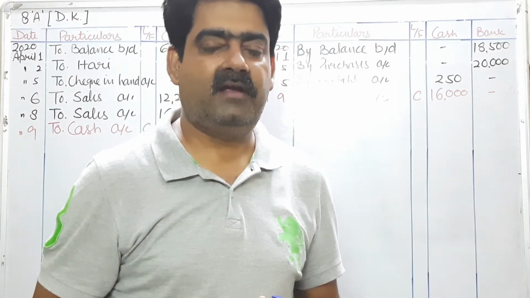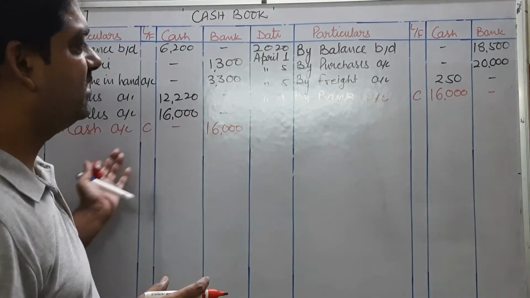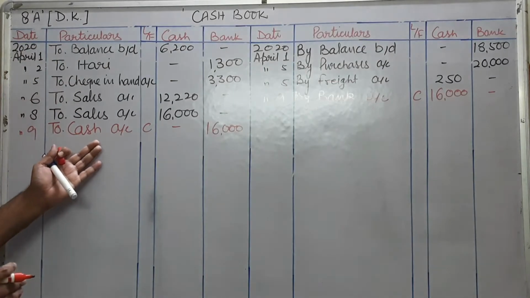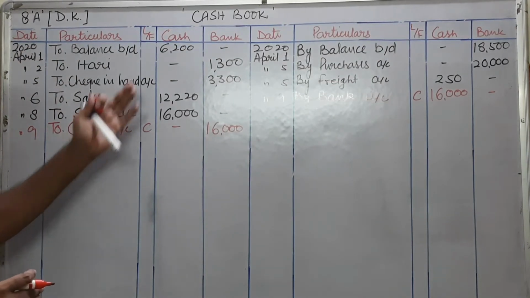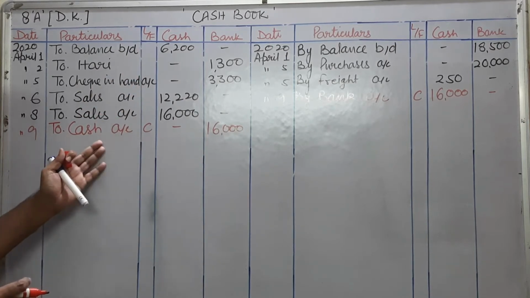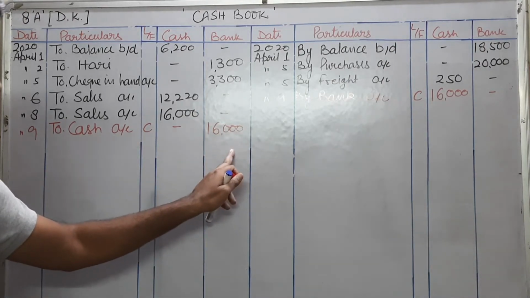Always remember one thing, the treatment of a contra entry will come in both sides, debit side as well as credit side. But when we write the treatment in the debit side, suppose I am writing to cash account, so in the column of ledger folio I will write C. Okay, and if I am writing to cash account, in that case the amount will come in the bank column.